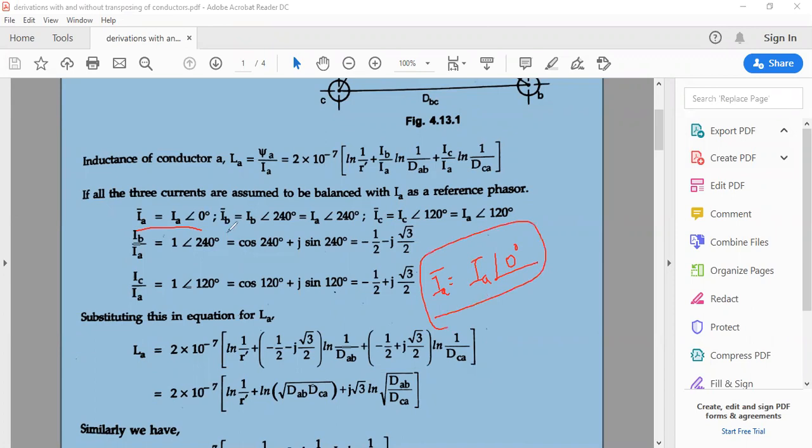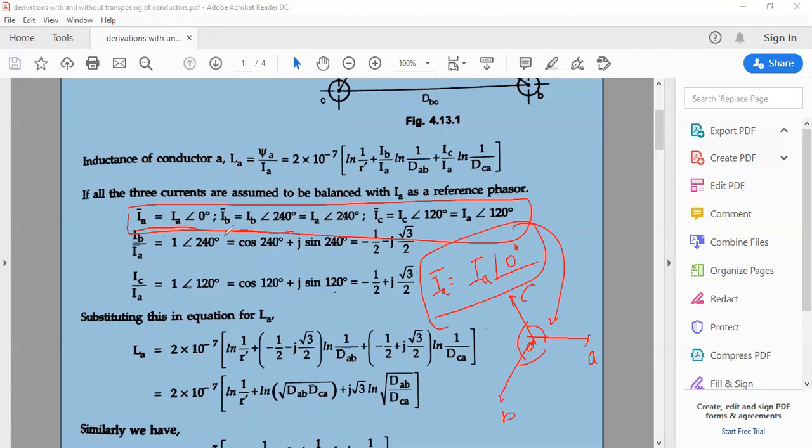Next, I have IB again. Imagine this to be a three-phase system. When I draw the vector notation, you have A, B and C with a 120-degree displacement with respect to each other. These are the equations drawn with respect to the term present here.